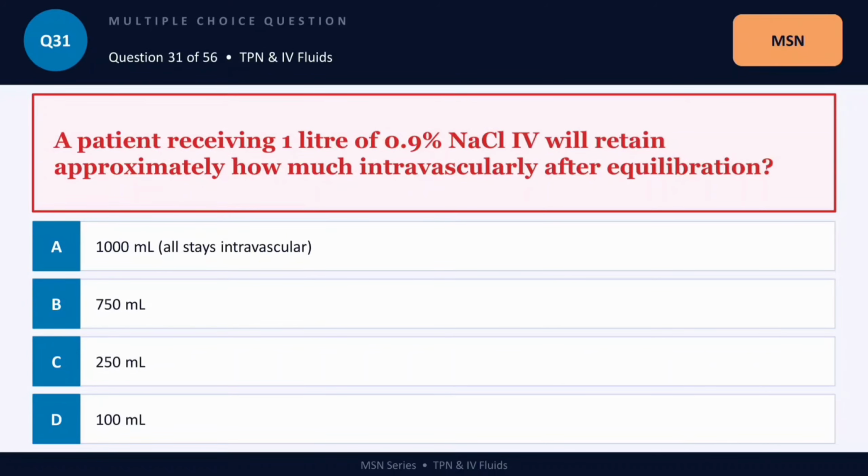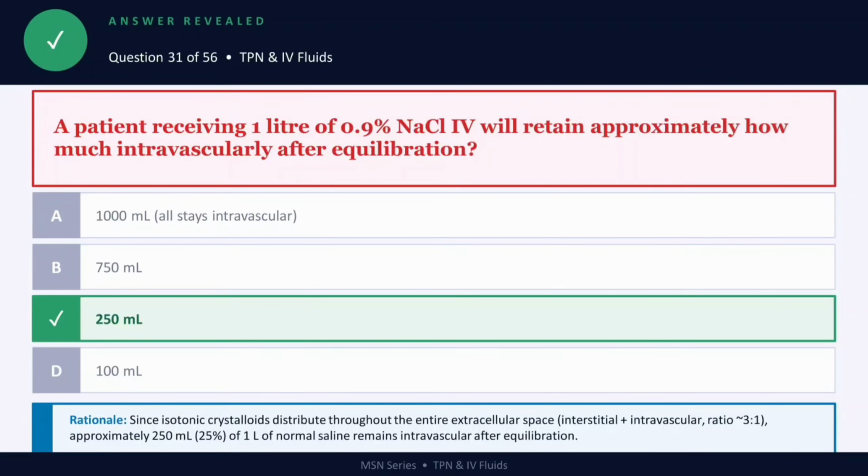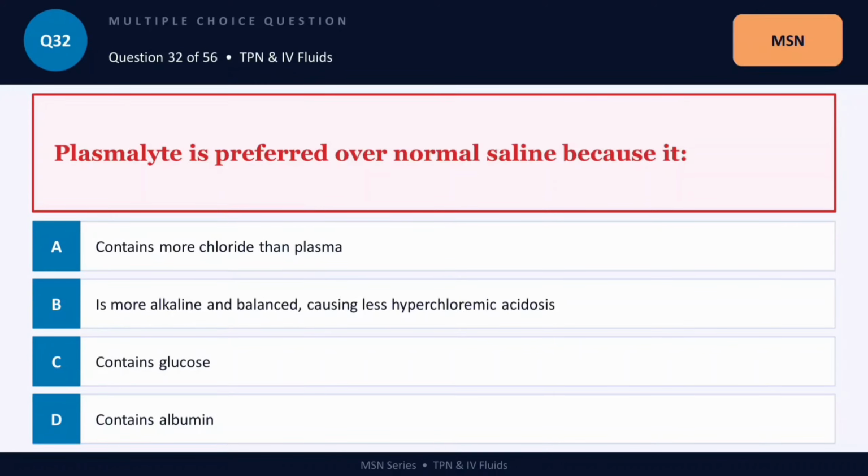The correct answer is option C, 250 ml. Rationale: since isotonic crystalloids distribute throughout the entire extracellular space, approximately 250 ml of 1 liter of normal saline remains intravascular after equilibration.